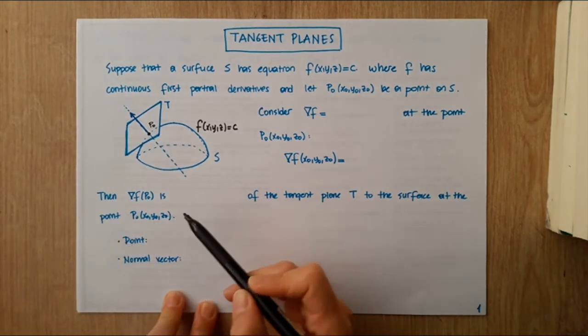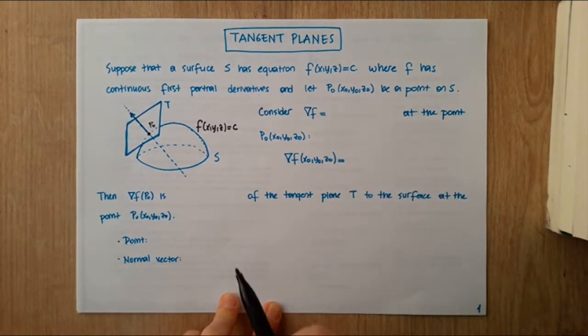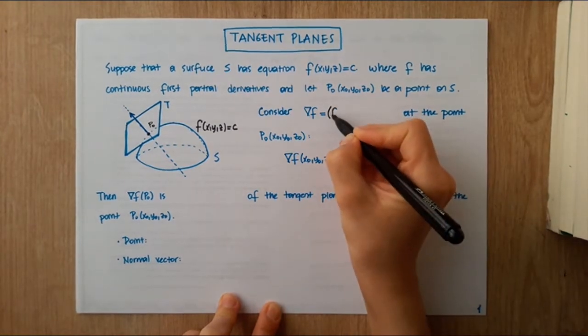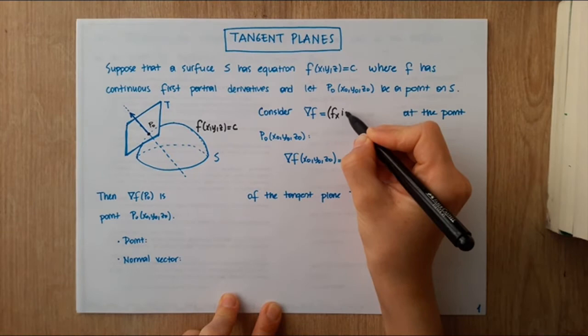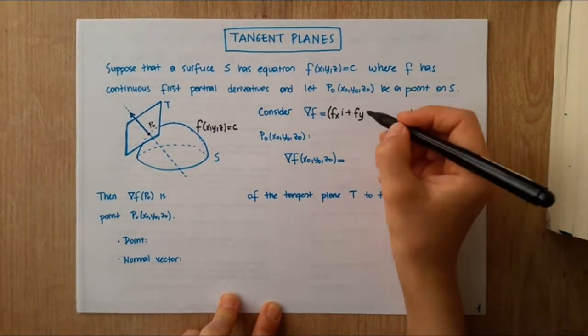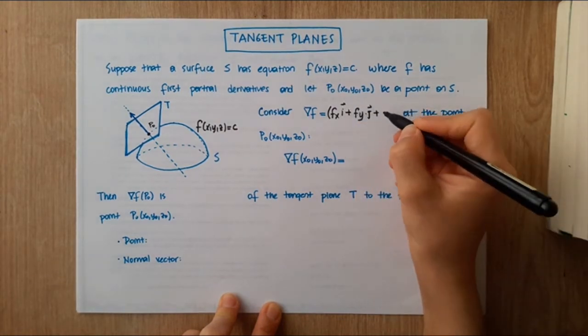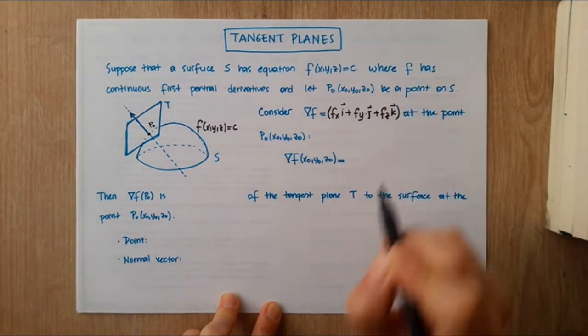To do this, first of all, I will calculate the gradient vector at p0, and, as you know, the definition of the gradient vector is the first partial derivative of f with respect to x times the i vector, plus the first partial derivative with respect to y times the j vector, unit vectors, and the first partial derivative with respect to z times the unit k vector.